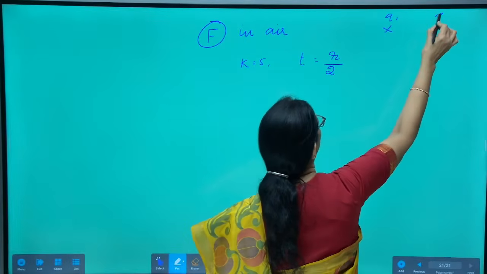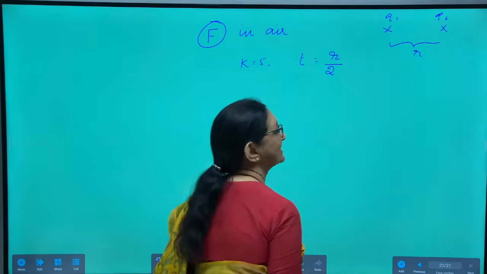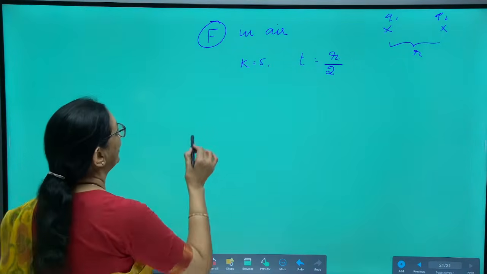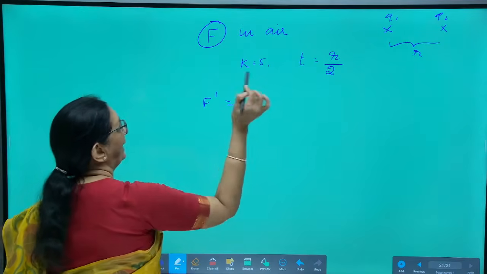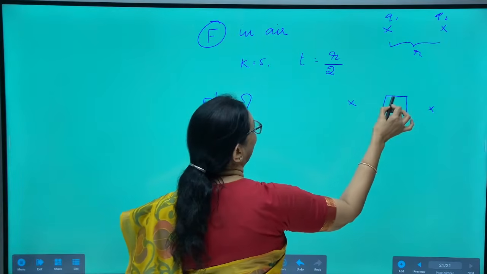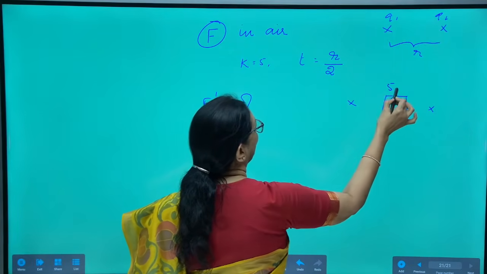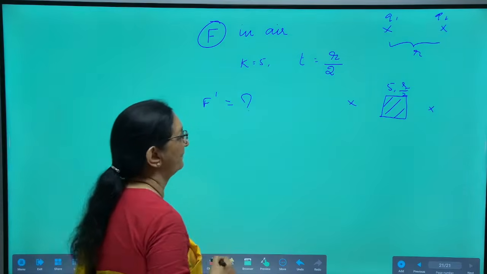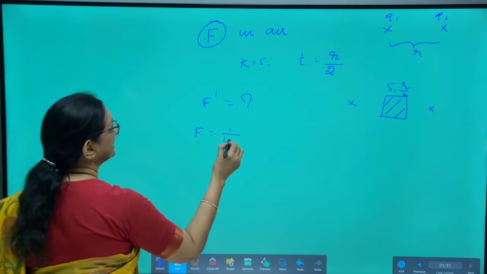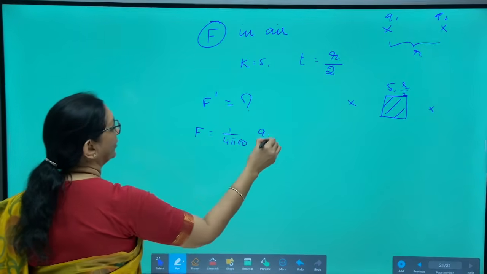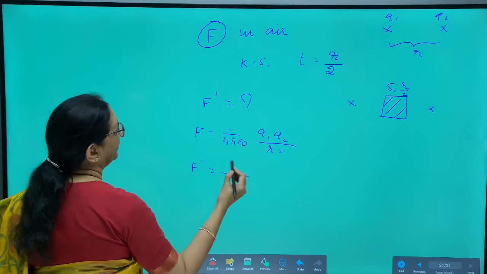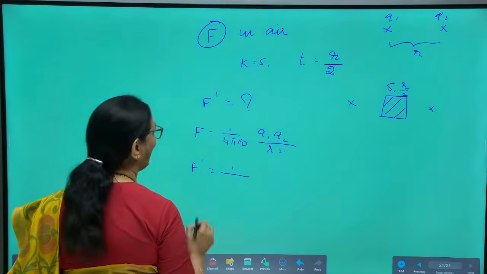Two charges Q1, Q2 are separated by a distance R. The force between them is F. Now what is the new force when a dielectric of constant K 5 and thickness R by 2 is placed in between them? So, let us do the problem carefully. F is given as 1 by 4 pi epsilon naught Q1 Q2 by R square. F dash is, let us take that K as not 5, 4.